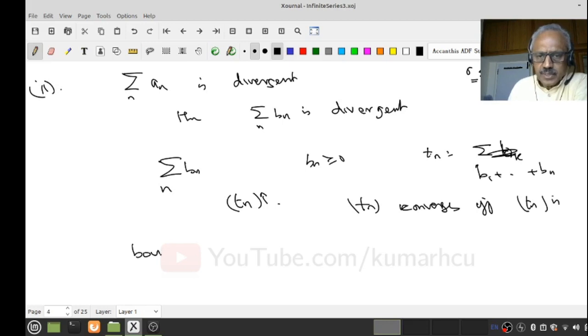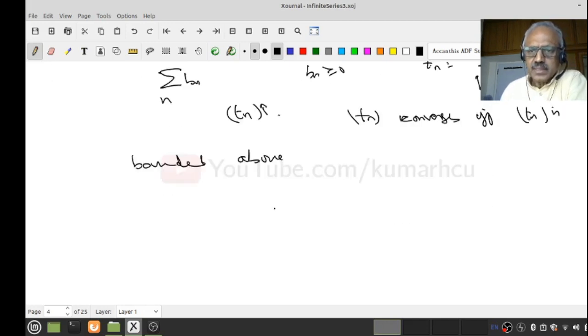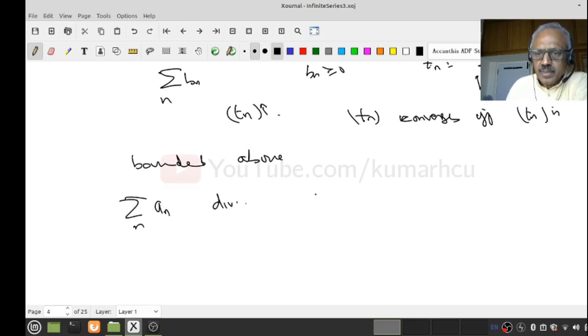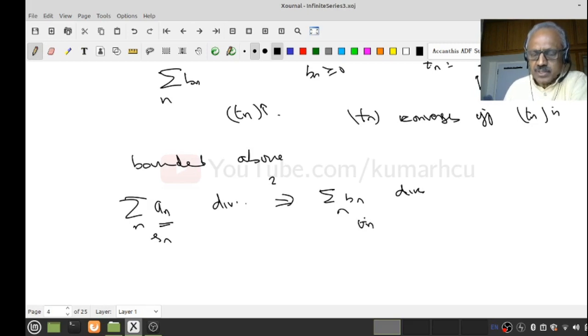So we are assuming summation an is divergent, and I want to prove summation bn is divergent. So let Sn be the nth partial sum of this, Tn the nth partial sum of this.